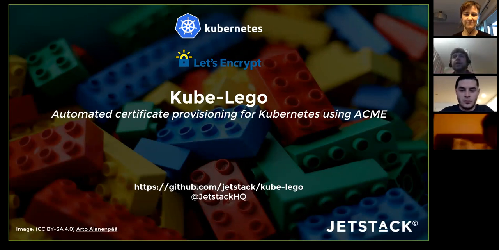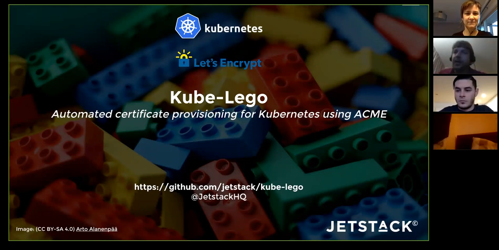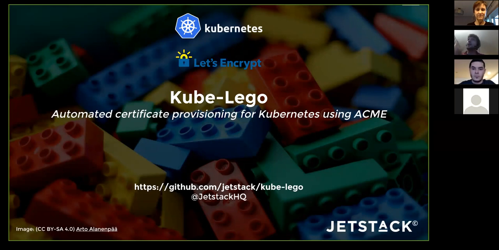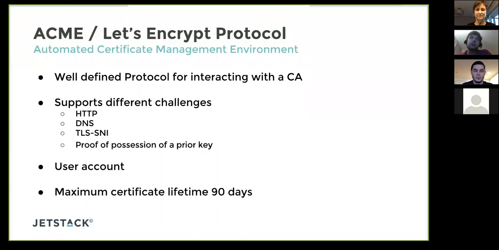And so the whole aim for kube-lego is to read out of the Kubernetes Ingress elements what kind of certificates you need, and then try to get them over the ACME protocol from Let's Encrypt. ACME, I guess most of you have heard about it, is a protocol for speaking with a CA.